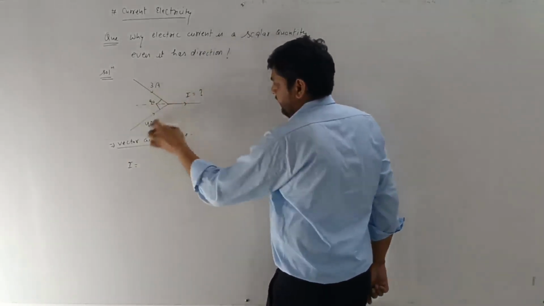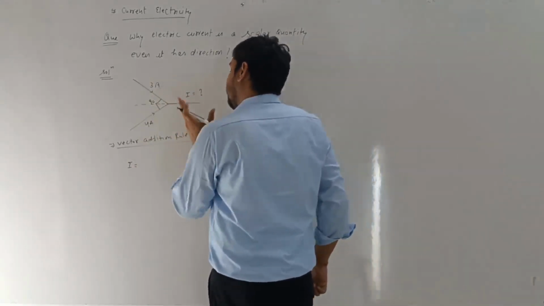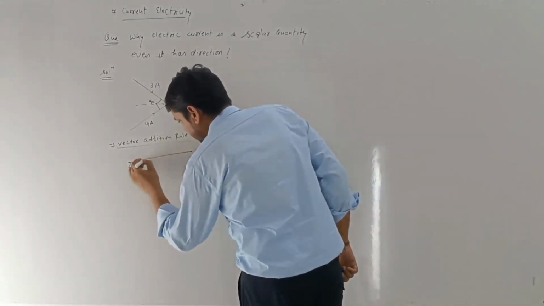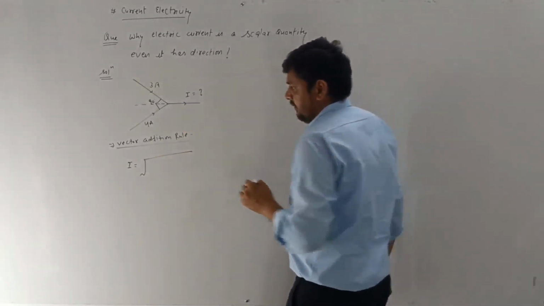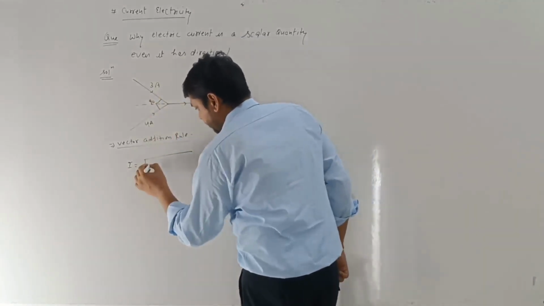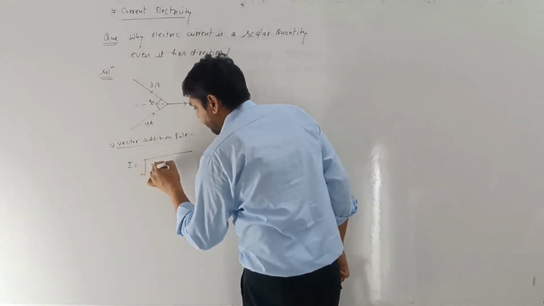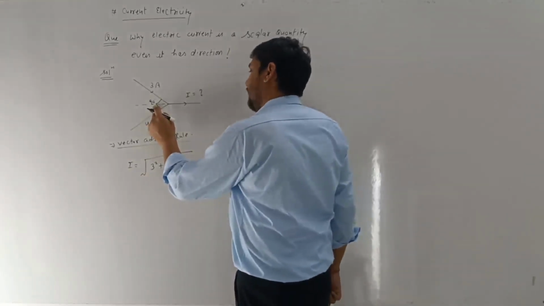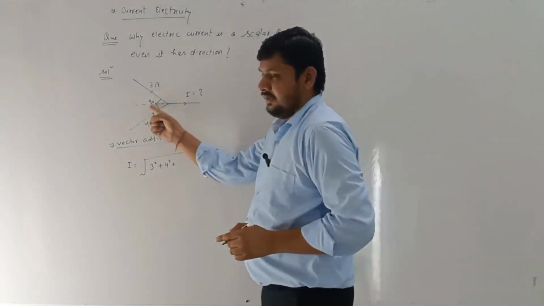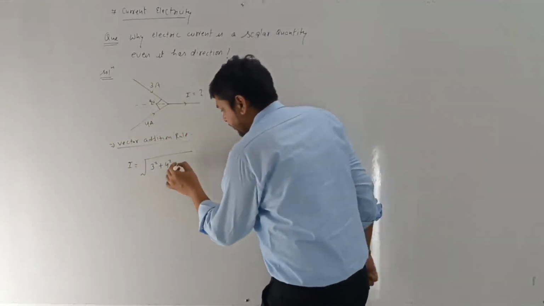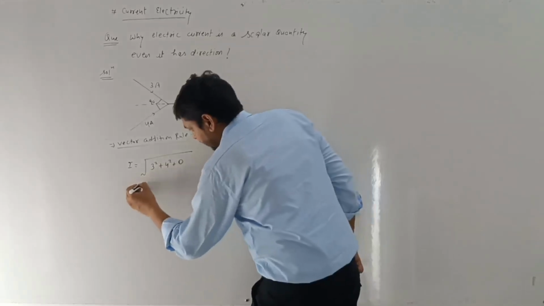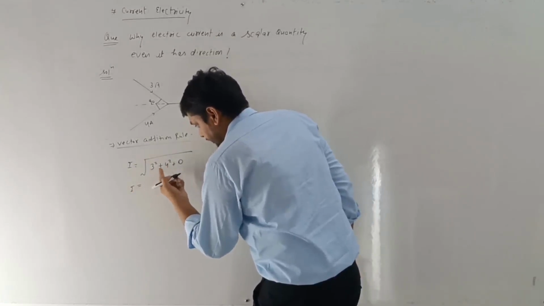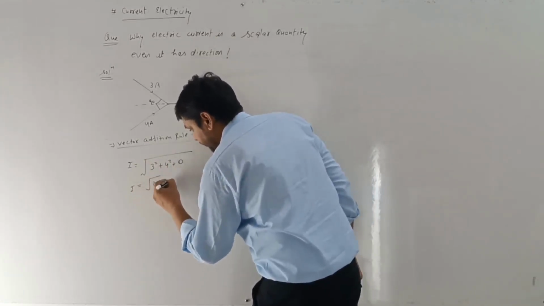Because I is the resultant of these two directional quantities, the resultant formula is the square root of a square plus b square plus 2ab cos phi, so 3 square plus 4 square plus 2ab cos phi. Here phi is 90 degrees, and cos 90 is 0, so this term is 0. So the electric current by the vector addition rule is I equal to the square root of 9 plus 16, which is 25, equal to 5 ampere.